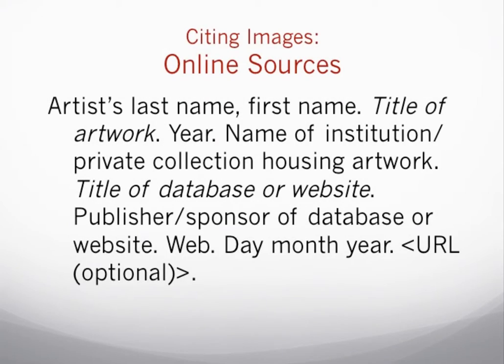If you have gotten an image from an online source, you'll cite it in the following format: the artist's last name, followed by their first name, the title of the work in italics, the year the work was created, the name of the institution or collection housing the work, the title of the database or website in italics, the publisher or sponsor of the online resource if you can find this information, the medium consulted, which means if you found this image online, that you'll write the word Web, the date you accessed the work in this order: day, month, year.